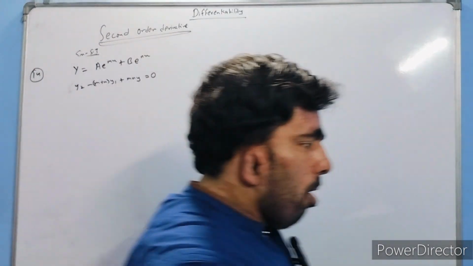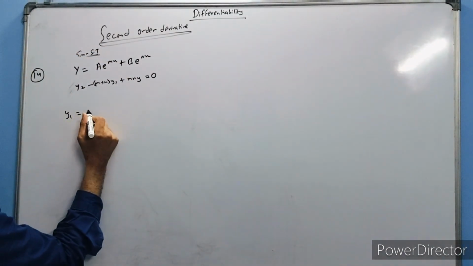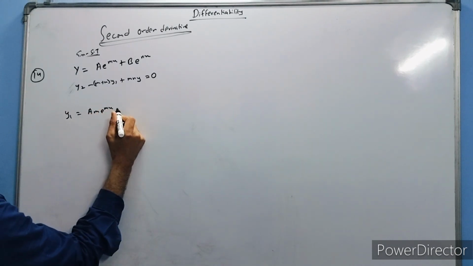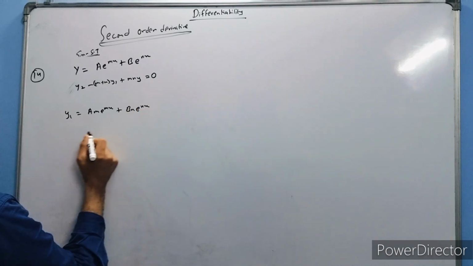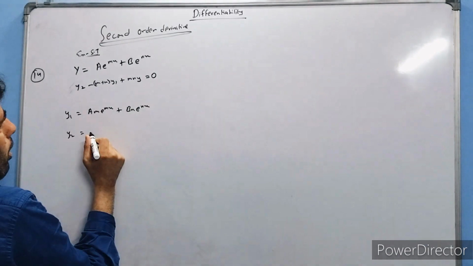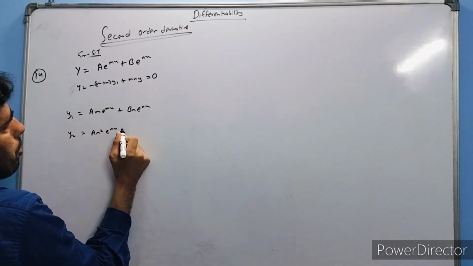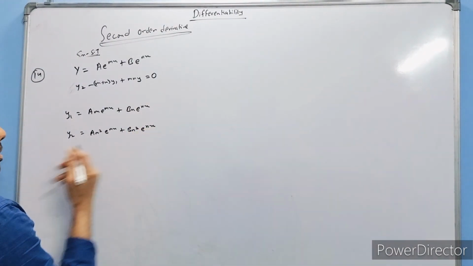So we need to prove this. Let's first find y1. We have y1 is equal to a m e raised power mx plus b n e raised power nx, and y2 is a m square e raised power mx plus b n square e raised power nx.